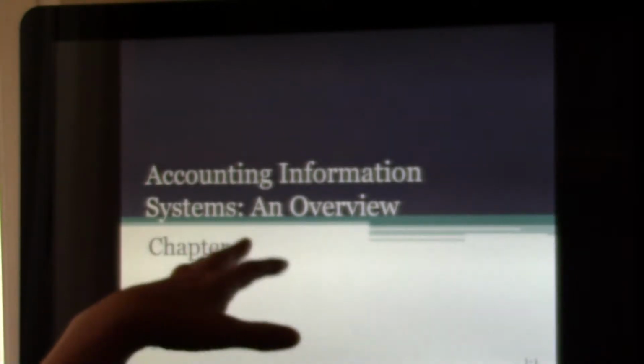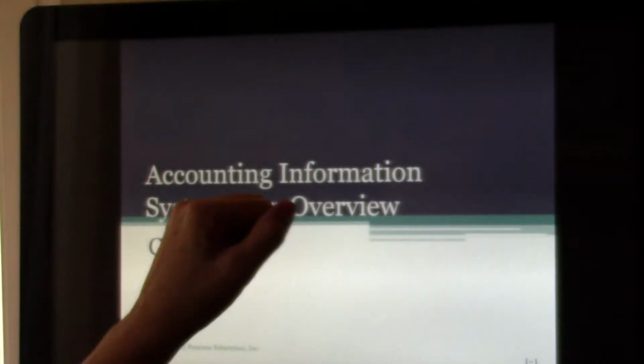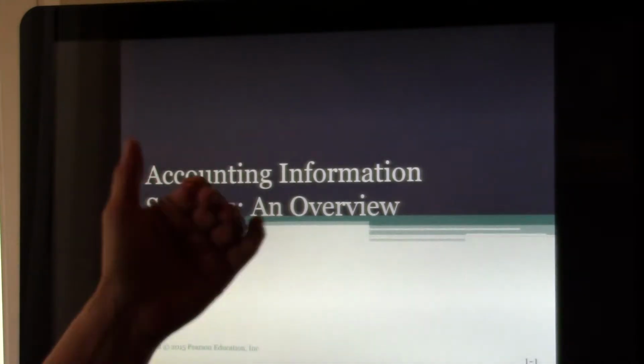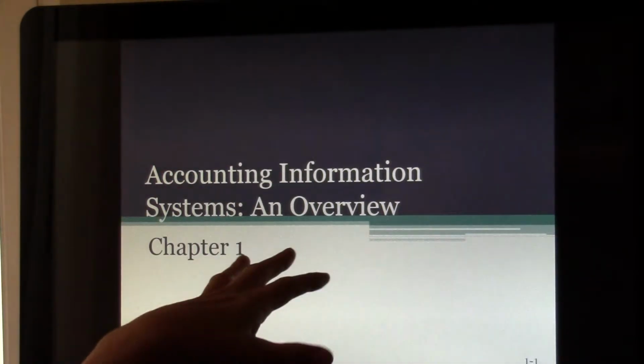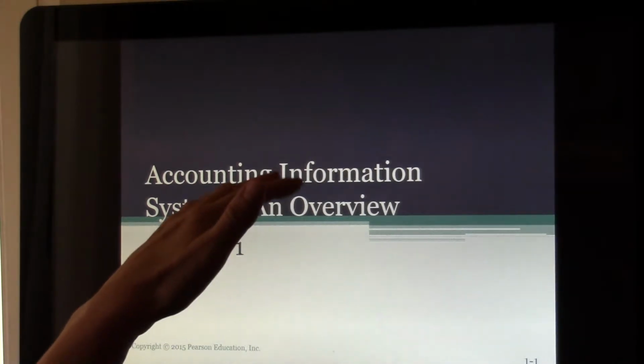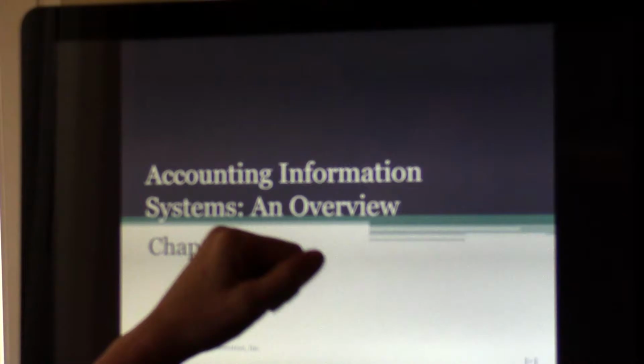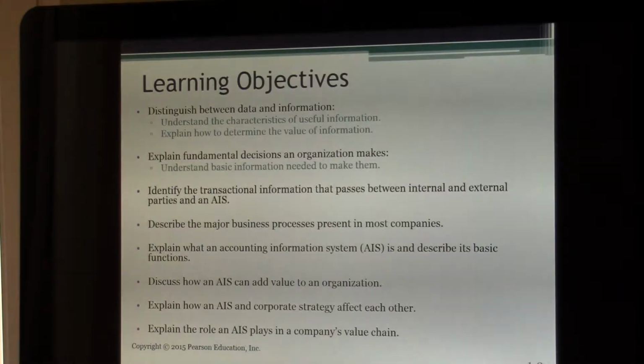You have to have some way of making sense of all those tons of transactions so you can turn them into financial statements that give actual information. So Chapter 1 is just sort of a nice overview of information systems. We'll talk about it real quickly and we'll move on to actually using information systems.